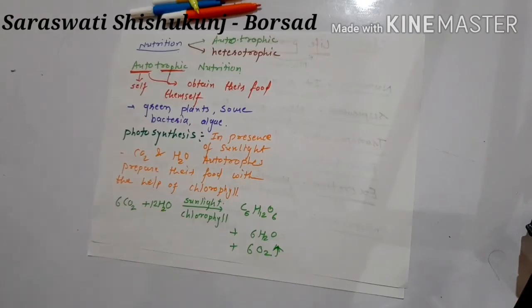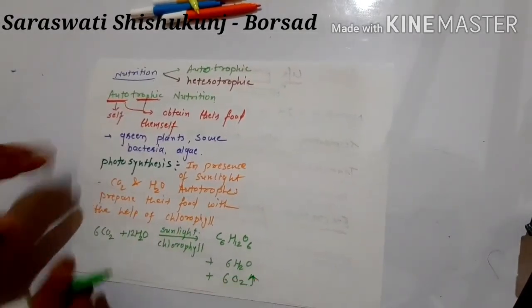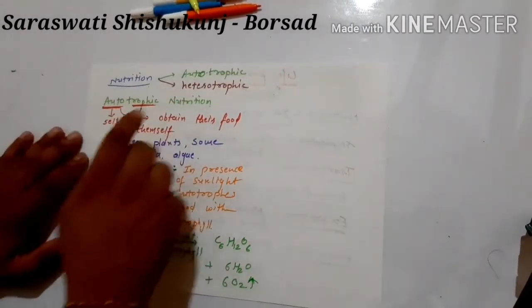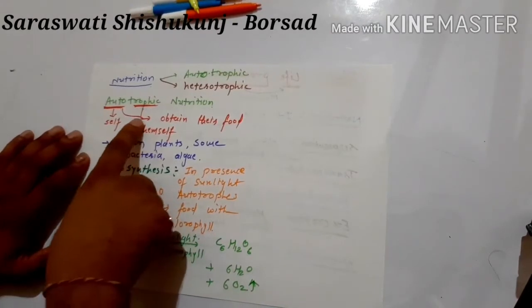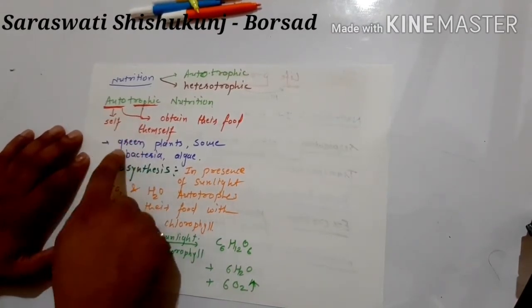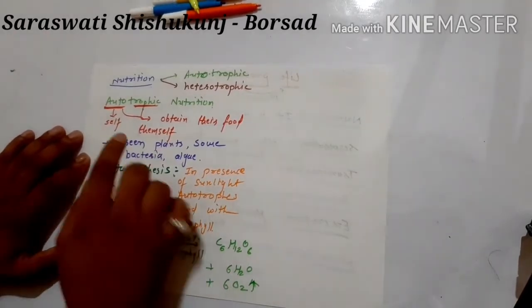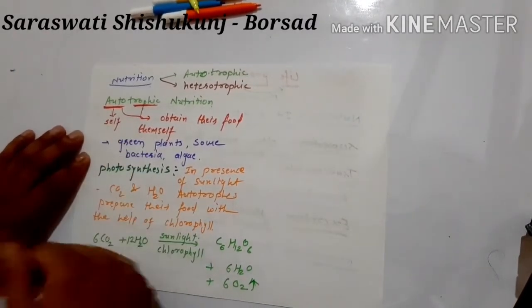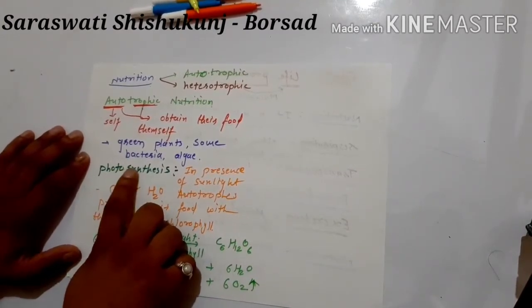Now this process of photosynthesis happens in 3 steps. Again, understand autotrophic mode of nutrition means the organisms which prepare their food by themselves. These are considered autotrophs, generally green plants and some bacteria and blue-green algae. These autotrophs prepare their food by themselves with the help of the process called photosynthesis.